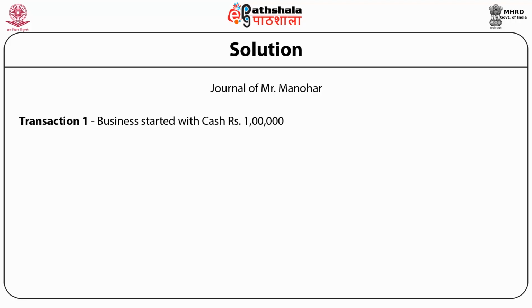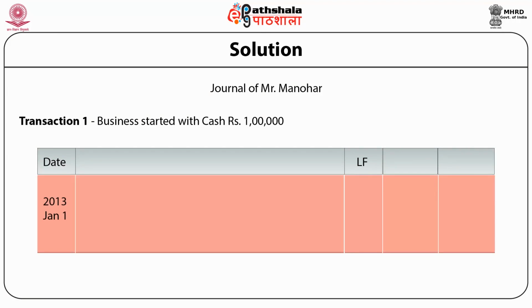So if you look at the journal book, how have we recorded? First we have recorded the date, which was January 1, and the year was 2013, and then the accounts which we have identified would be recorded under the particulars. Debit and credit. What is debit? Cash is debited. Always the debit comes first and then we go for the credit.